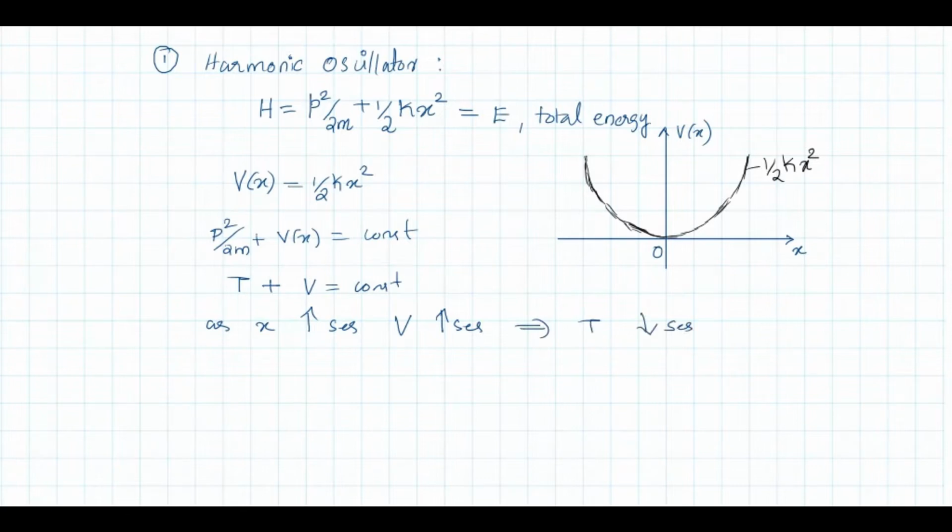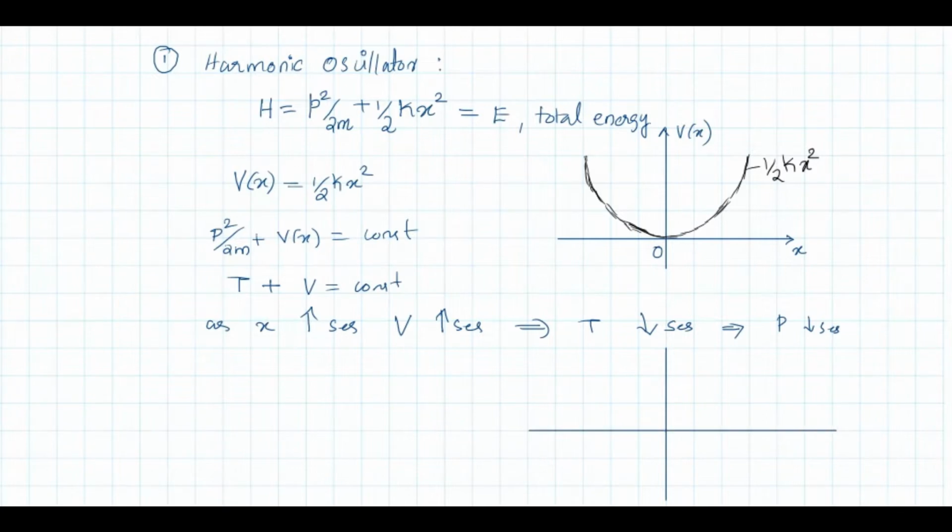Why? Because T plus V is a constant. As V increases, T should decrease, then only the sum will be a constant. So kinetic energy will decrease, and T decreasing implies the momentum will decrease.